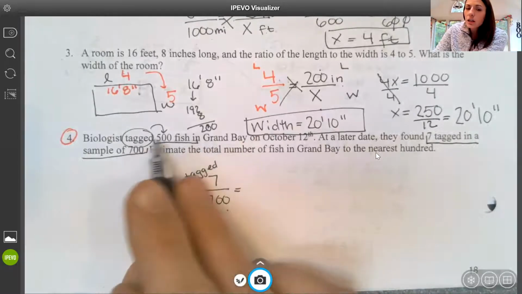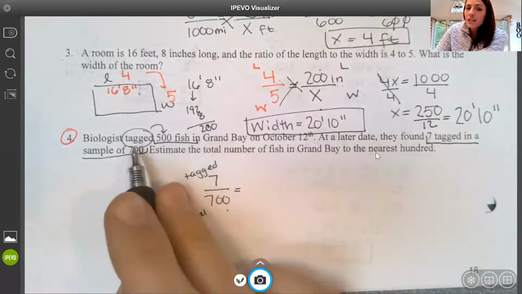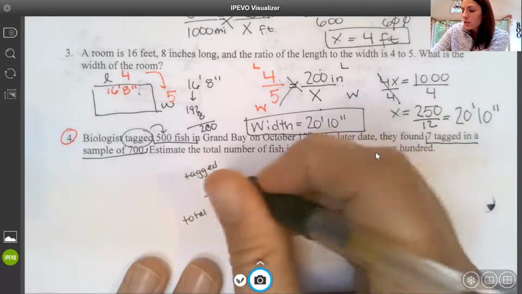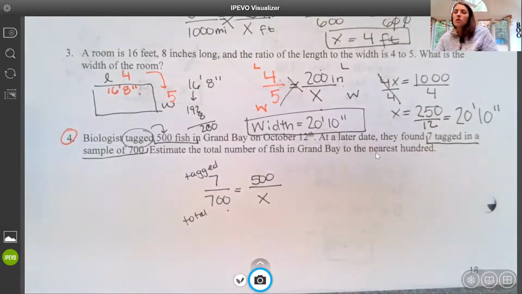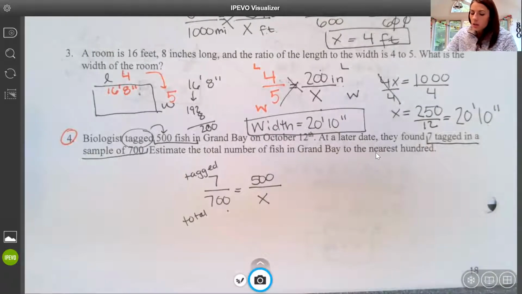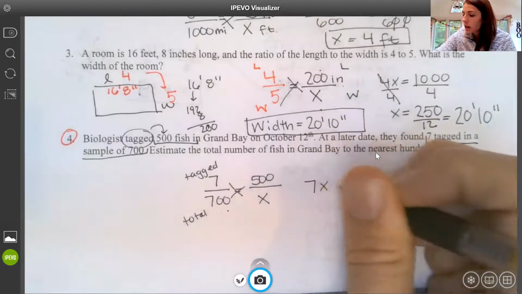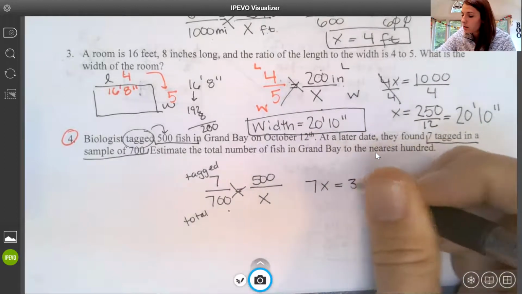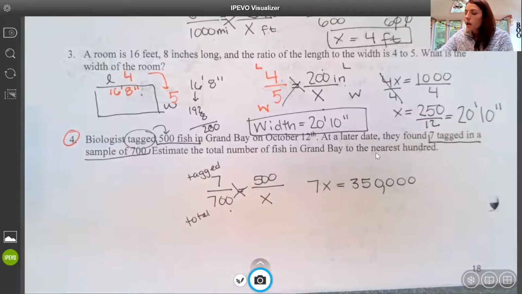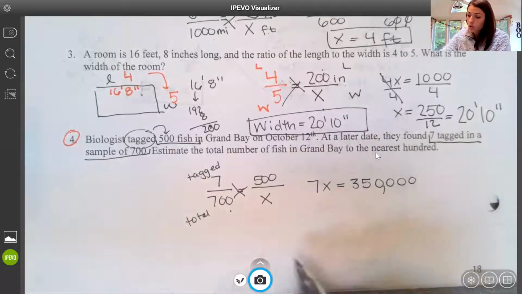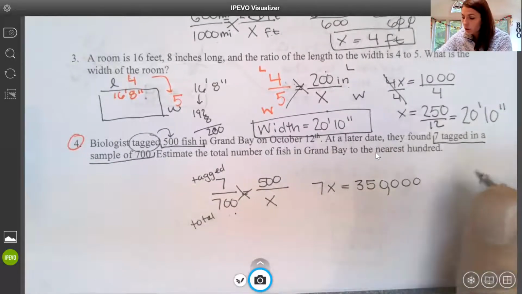Okay, so they collected a sample of 700 fish, only 7 were tagged. In Grand Bay in total, they tagged 500. So in the numerator, I'm going to put 500 were tagged out of how many fish are in Grand Bay. Okay, and it's going to be an estimate. And so cross multiplying here, we get 7x equals 350,000. Okay, multiplying 700 times 500.